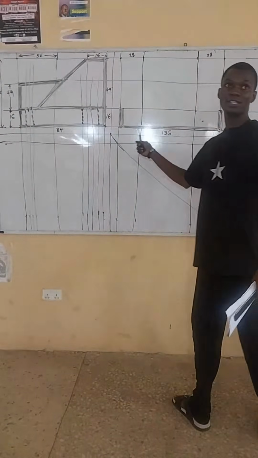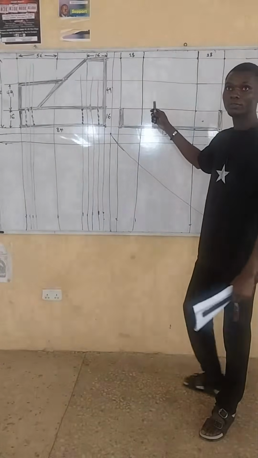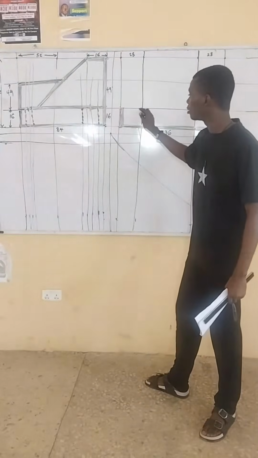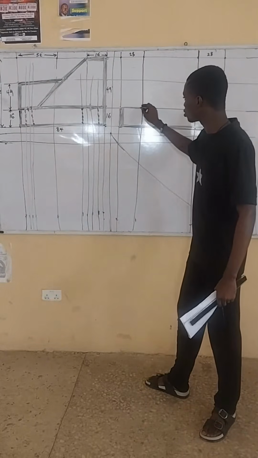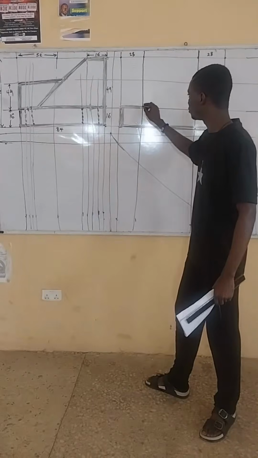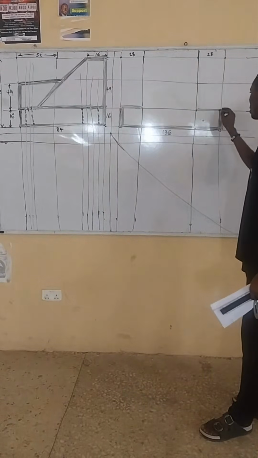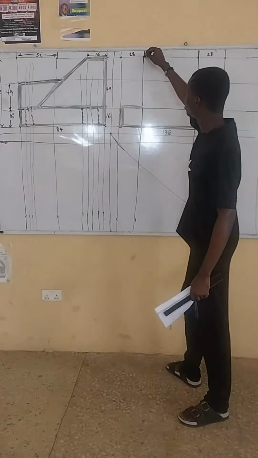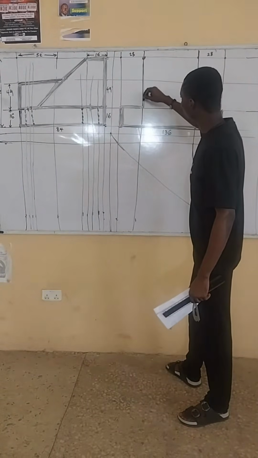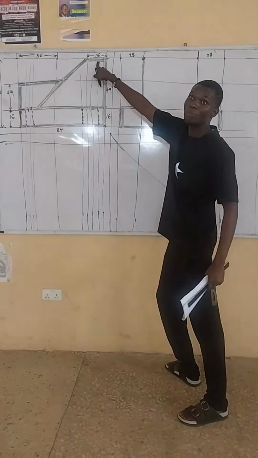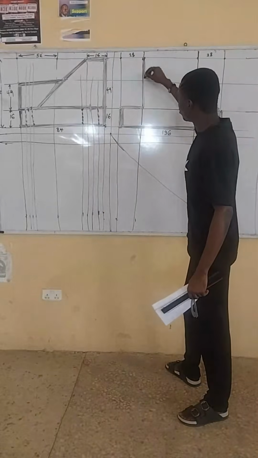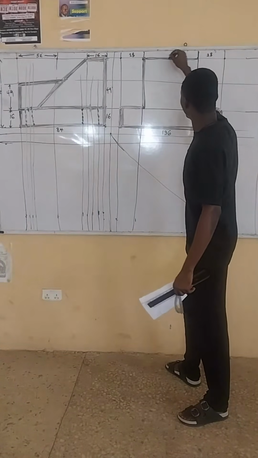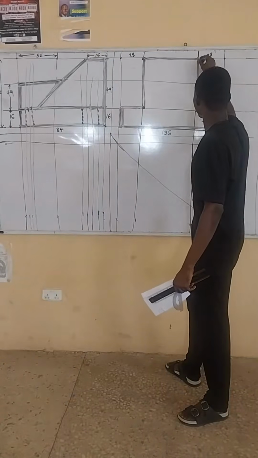So after this thick line, now this one will intersect with this 2.8 here. So join this one also as thick line. This one also as a straight line. Then upward to the extreme height. You are going to see the extreme height that comes from the front. That's why you draw it as a straight line.